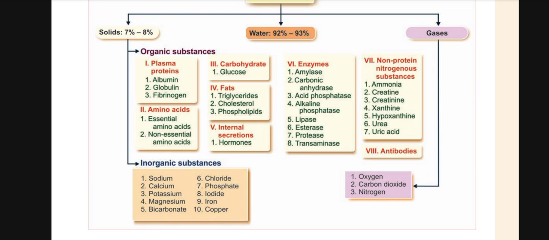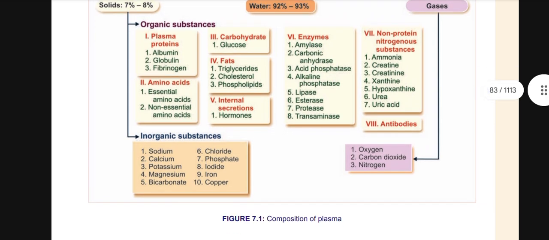These are organic substances. And in case of inorganic substances, these are sodium, calcium, potassium, magnesium, bicarbonate, chloride, phosphate, iodide, iron, copper, etc. In case of gaseous substances, the ones present are oxygen, carbon dioxide, and nitrogen.